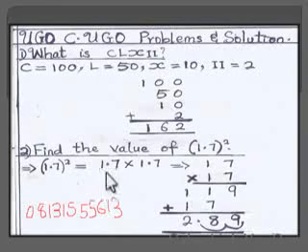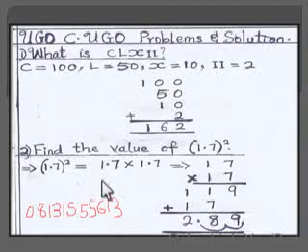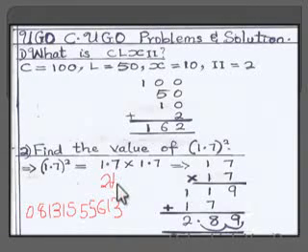In this question, 1.7 times 1.7, we have only 2 decimal places. In the sense that those numbers after the point will give us what? Decimal places.